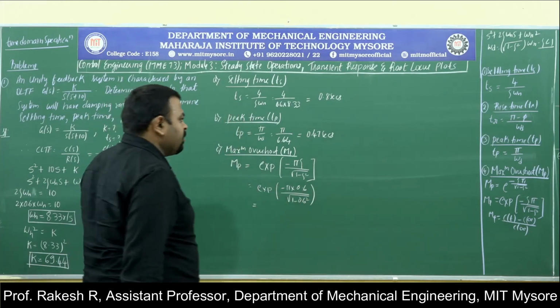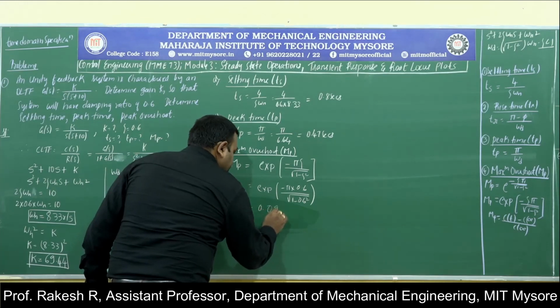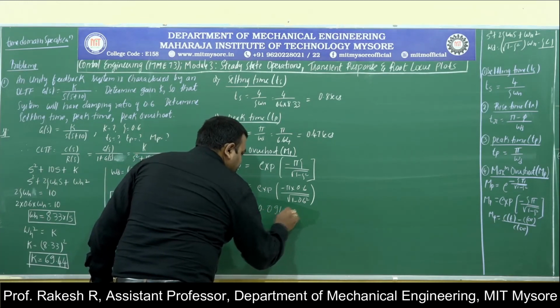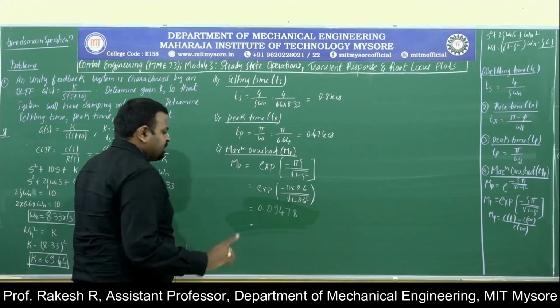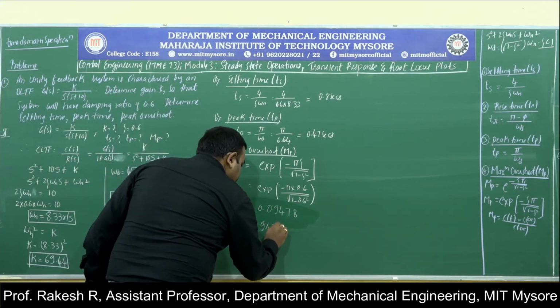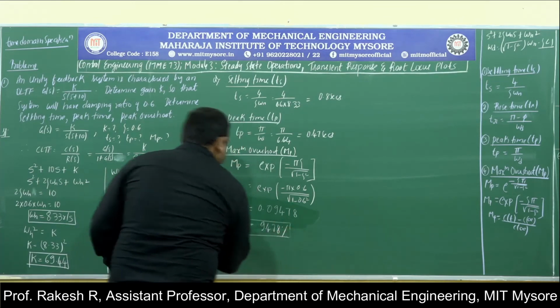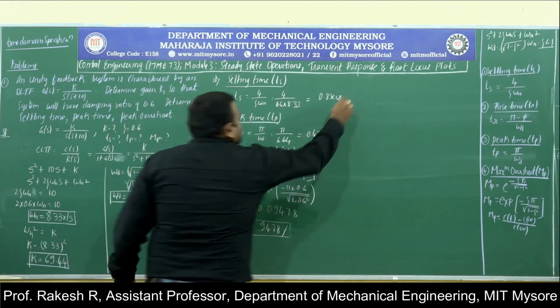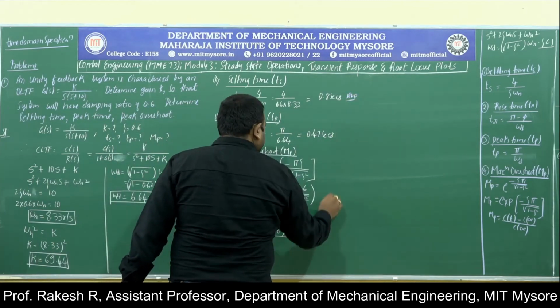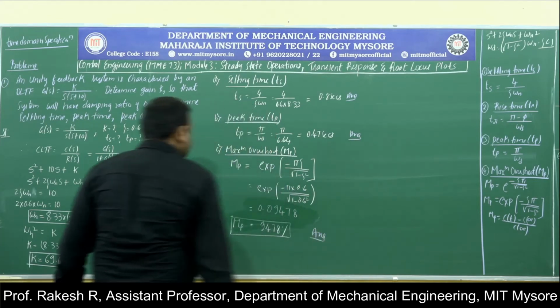So you will get a value around 0.09478, multiply by 100, so you will get 9.478%. These are the answers they have asked. So this is answer number 1, this is the second answer and this is the third answer.